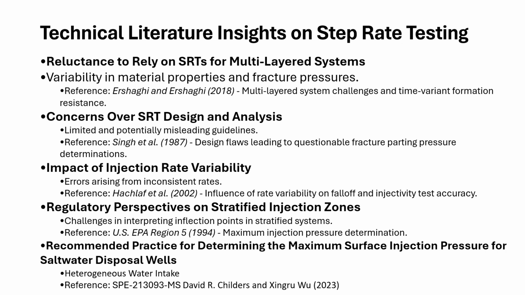There's also some regulatory perspective on stratified injection zones. EPA Region 5 addresses this. They note that there are challenges in interpreting inflection points and that you should couple your data with supplementary data from other tools to determine the fracture parting pressure.